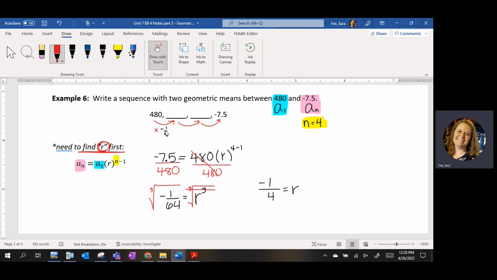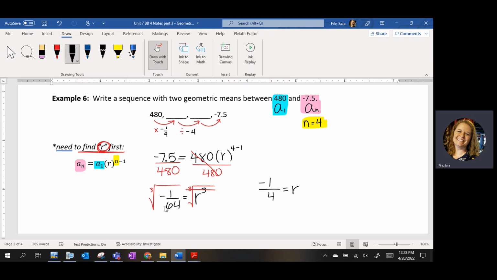Or how else could I think of that? Instead of multiplying by -1/4, I could think of that as dividing by what? I'm changing it from multiply to divide, so I flip it, right? It's dividing by -4. Couldn't you, instead of reducing the fraction, put -7.5?